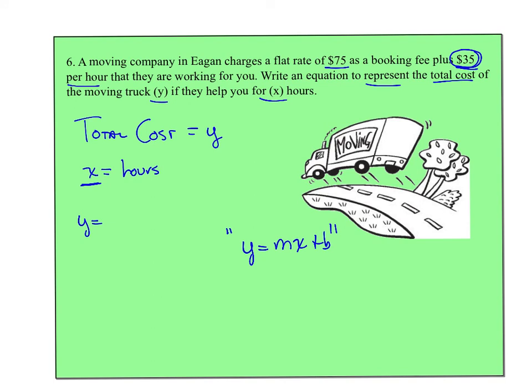Okay, they charge you $75 just for getting your name on the schedule. Okay, just for getting your name on the books. They charge you $75. Then, for however many hours they work, they're going to multiply it by 35. All right, so it's going to look like this. Okay, this is your hourly charge. Okay, this is your hours.